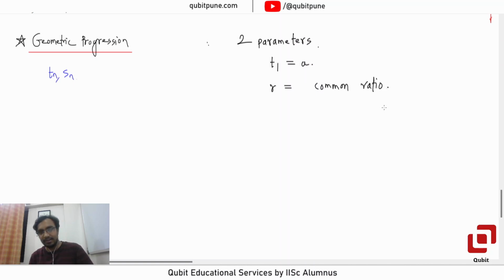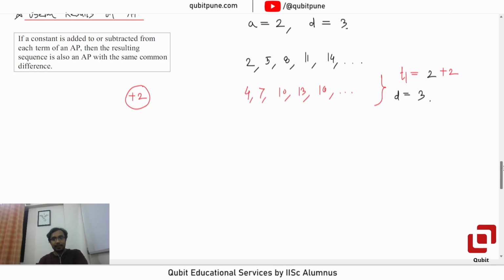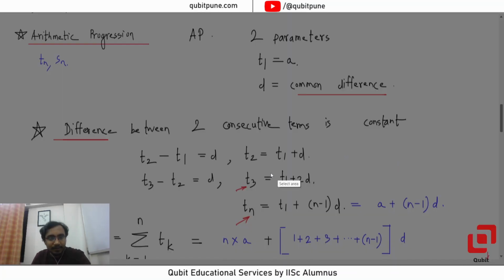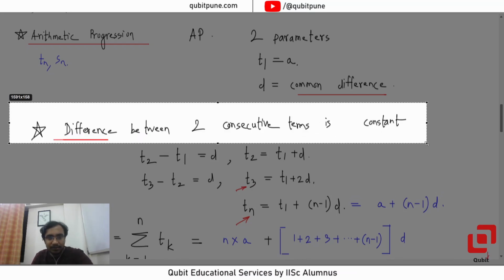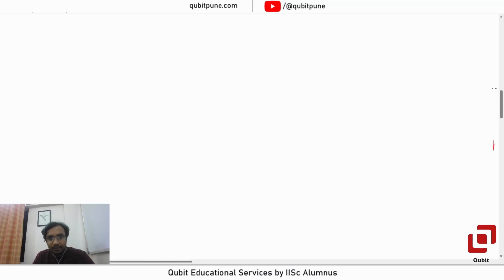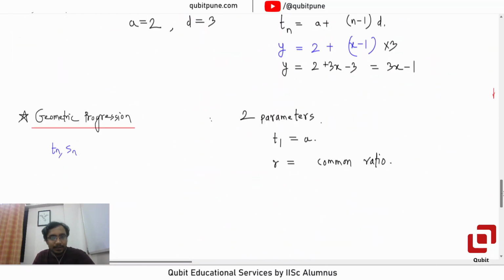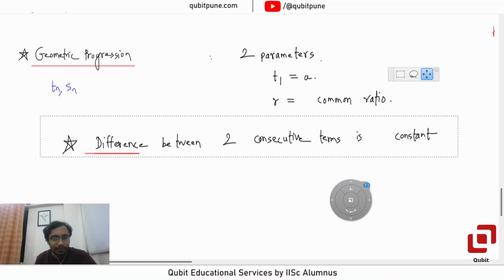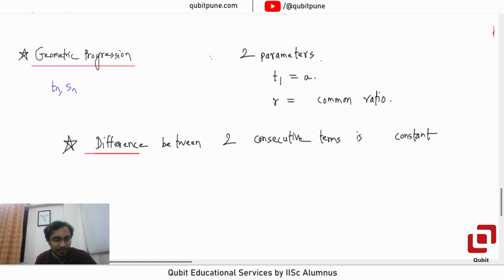This is called the common ratio. And in AP, what is constant? In AP, the difference between 2 consecutive terms is constant, whereas in GP it is the ratio that is constant. In GP the ratio of two consecutive terms is constant.